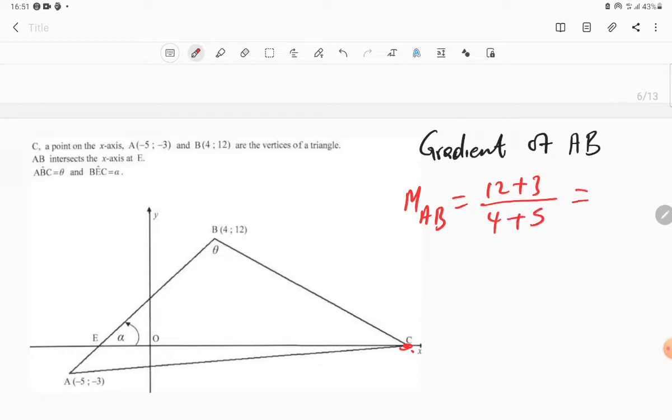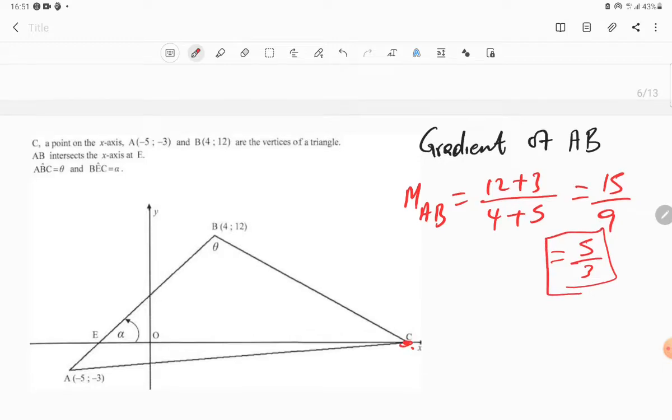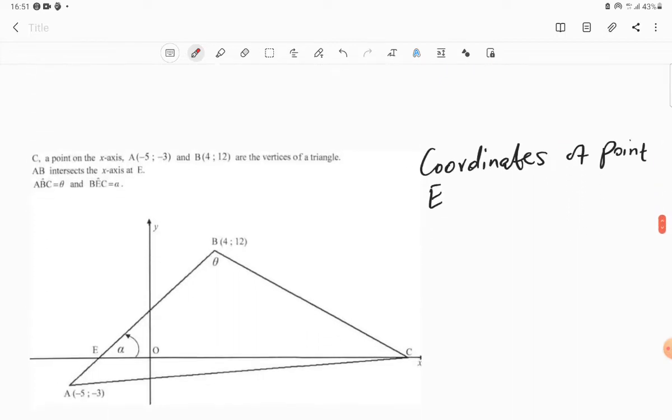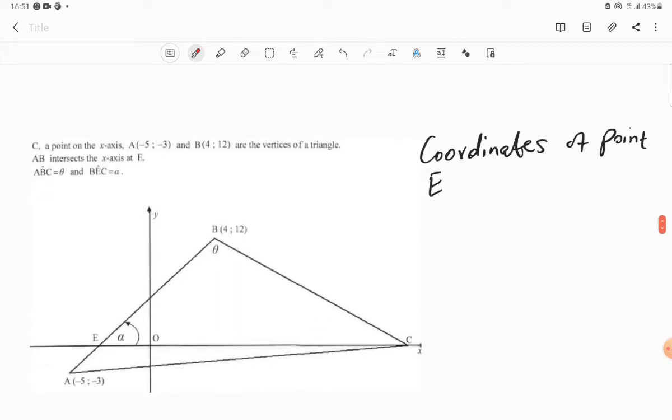So we now have 15 over 9. What 3 goes how many times into 15? 5 times. Then into 9, 3 times. So this is the gradient of this line AB. Done with that. Then moving forward, let's find the coordinates of the point E.